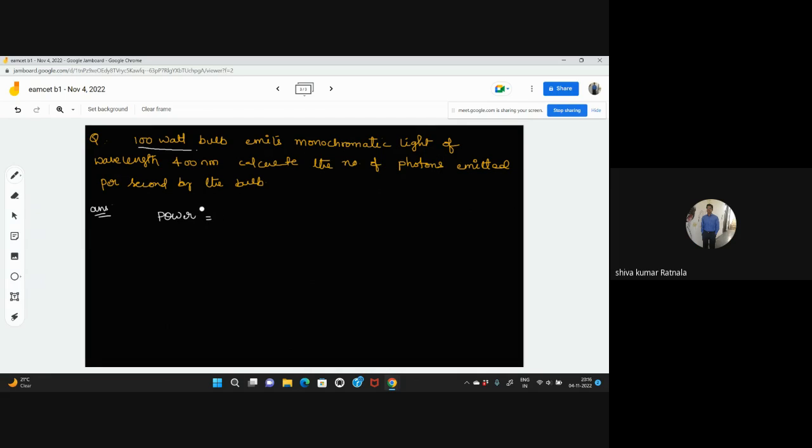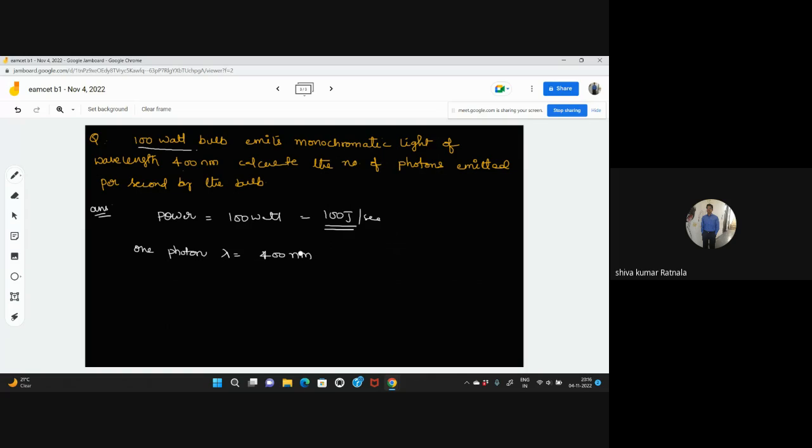Power 100 watts means 100 joules per second. So this is the energy of the bulb. Whereas what we need is the energy of one photon, a small quantum, with wavelength lambda given as 400 nanometers.